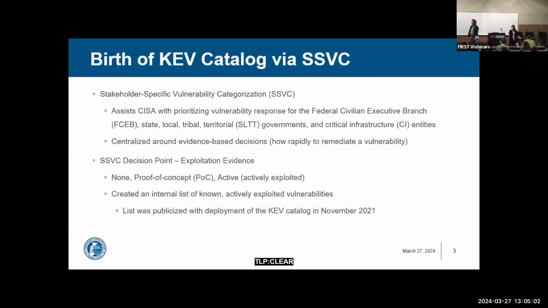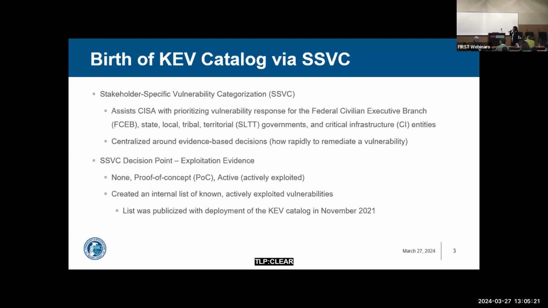So first, the history. I think everybody here probably knows what the KEV is, but probably doesn't know where the KEV comes from. Back in 2019, CISA co-sponsored a plan with the Software Engineering Institute to develop the stakeholder-specific vulnerability categorization.